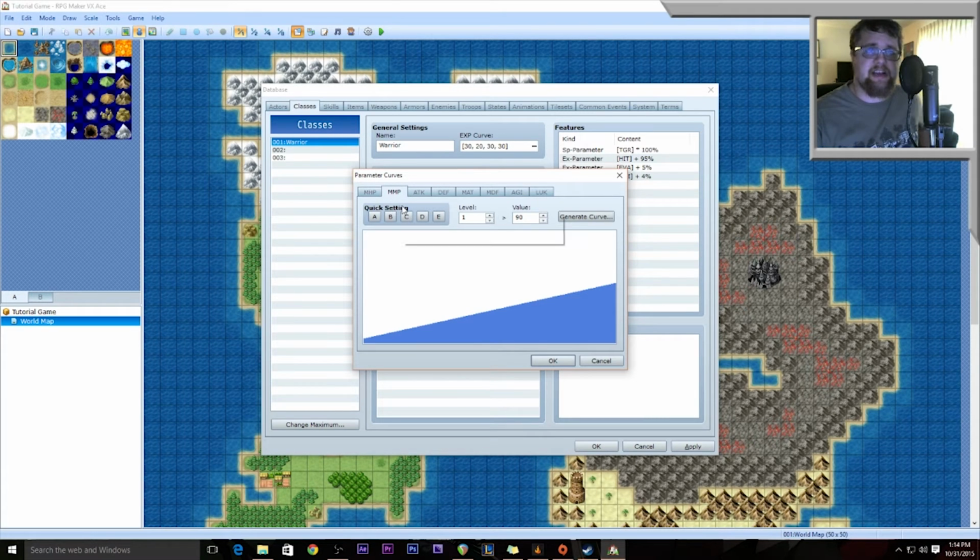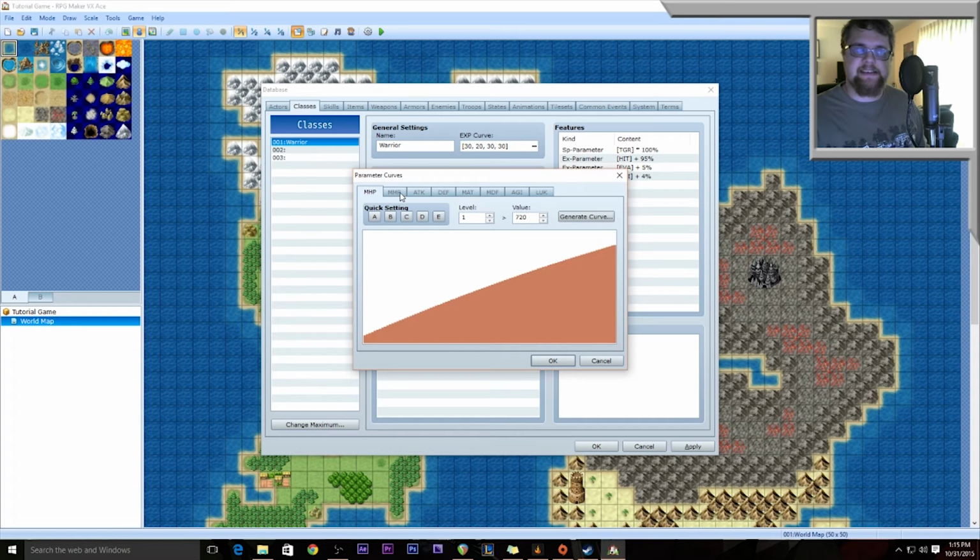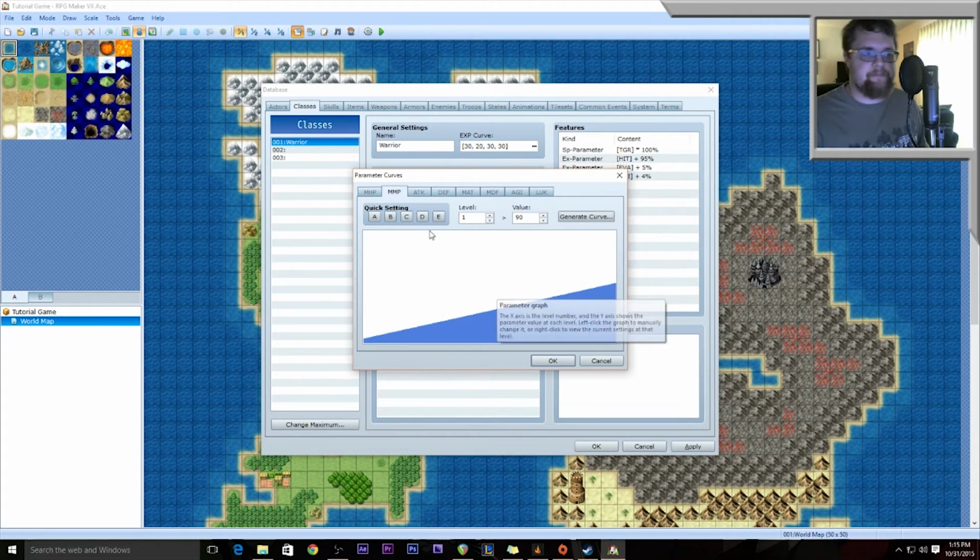A mage, a caster, a non-melee damaging character, a healer, they would have much higher max MP than they probably would max HP. So basically do what you did with the max HP here, but with max MP for them. Pretty reasonable, pretty understandable.